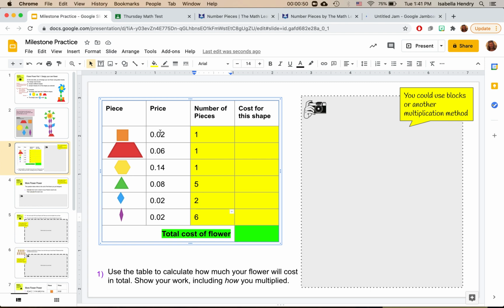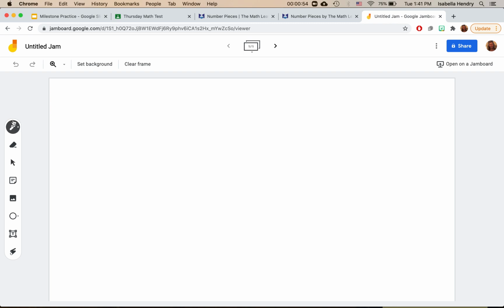First I'm going to do 2/100 times 1. I'm just going to put all my work together to make my life a little easier. Actually, let me type this. My first thing is 2/100 times 1, and I know that's 2/100. You don't have to show your work for that because 1 times anything, we know.